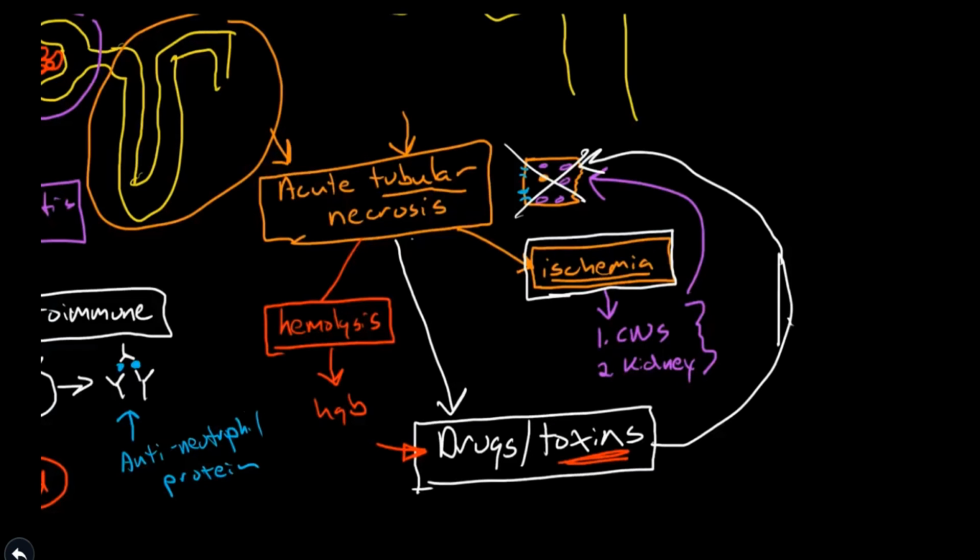Also, hemolysis can cause a glomerulonephritis because the breakdown products of red blood cells and the coagulation that can be stimulated by the rupturing of red blood cells can cause a microangiopathy and damage the glomerulus itself, sort of clog up and damage the glomerulus. So hemolysis can cause intrarenal failure and damage to the nephron in both the glomerulus and the tubules.